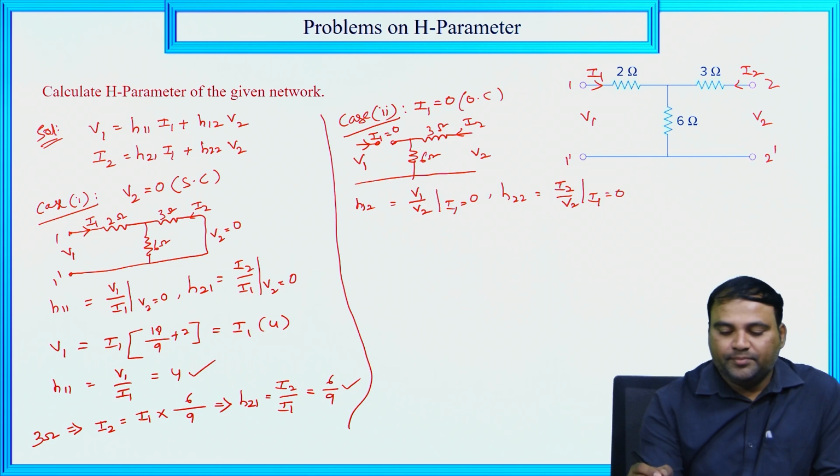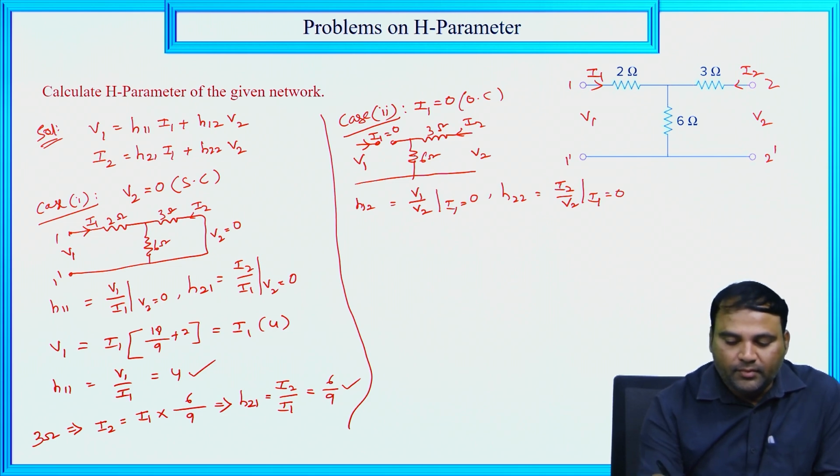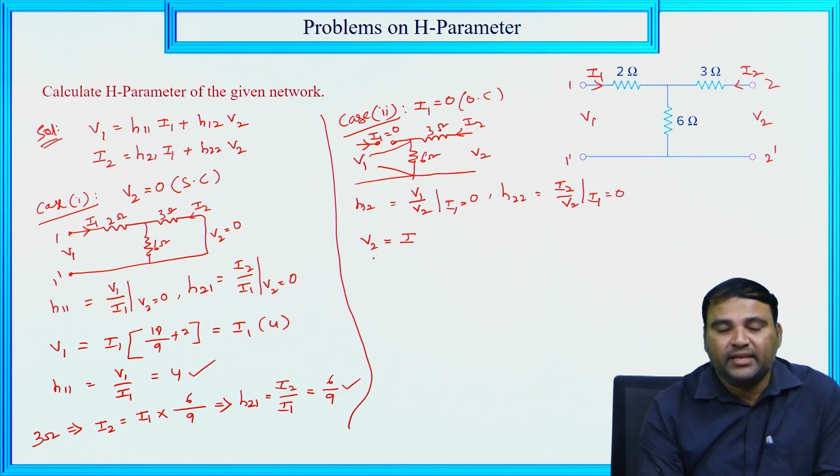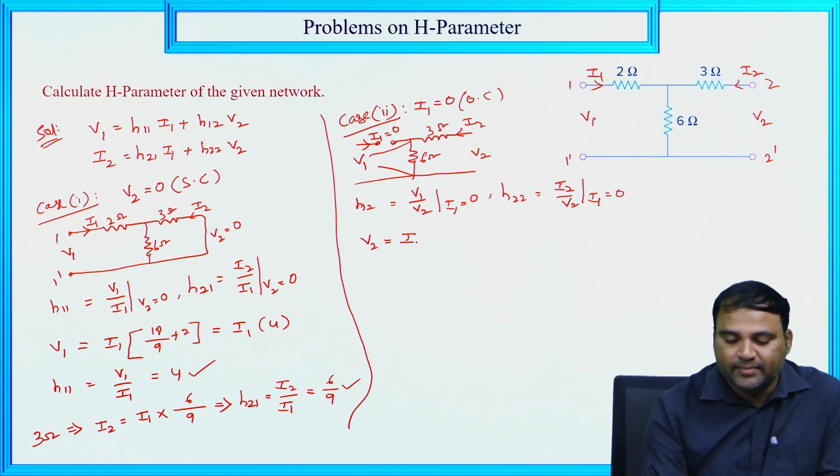So here V1 is nothing but voltage drop at 6 ohm resistor. Now what about V2? So V2 is equal to Ohm's law, I into R. In the place of V, V2 is there. In the place of I, I2 is there. And 3 and 6 are in series. So 6 plus 3, 9.